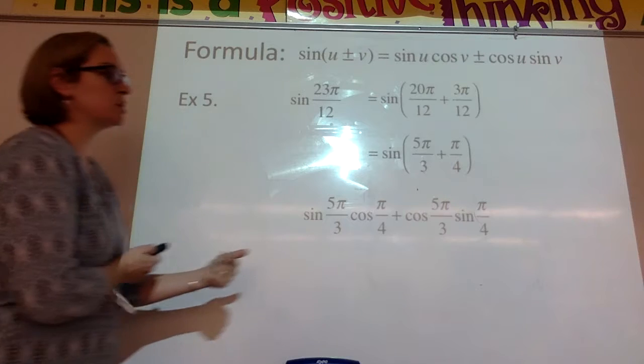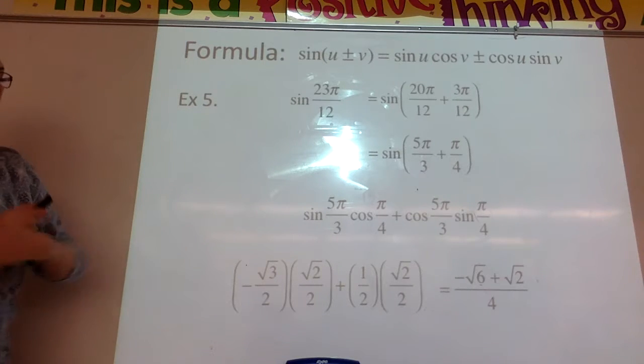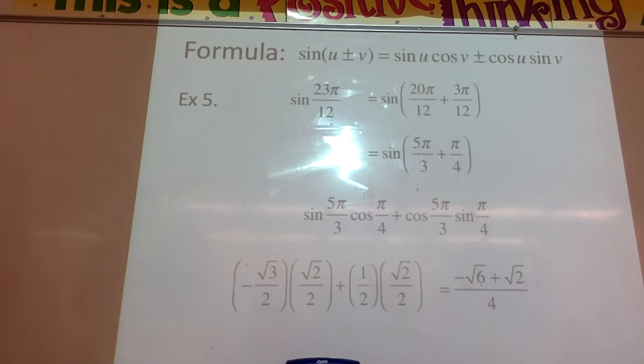Now you need to use your unit circle values to plug in. I will do this for you for the sake of time. So the sine at 5 pi over 3, which is the y value, is negative root 3 over 2. We're right back in it with the adding and subtracting, fraction simplification, and I get that final answer.